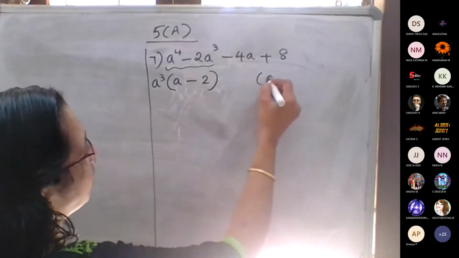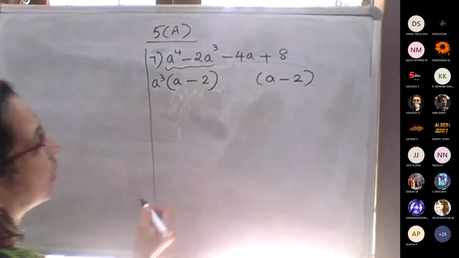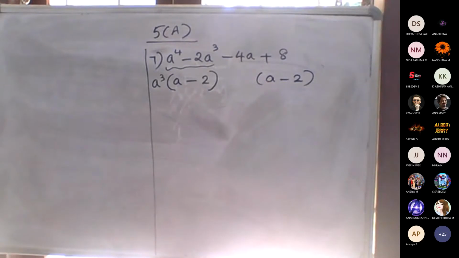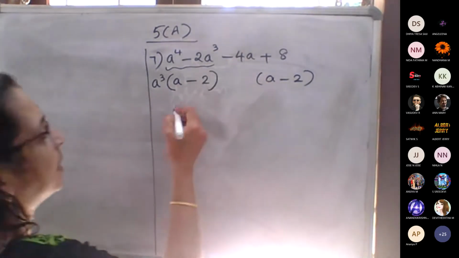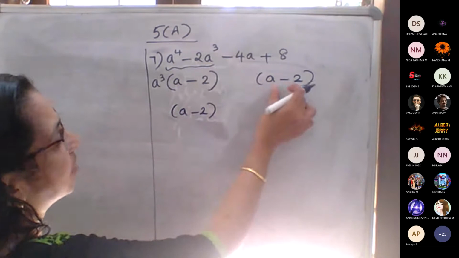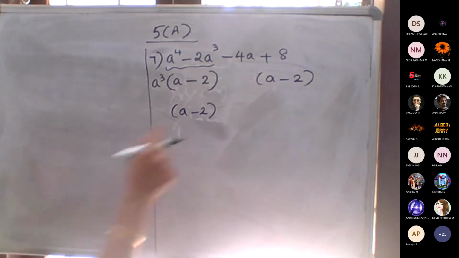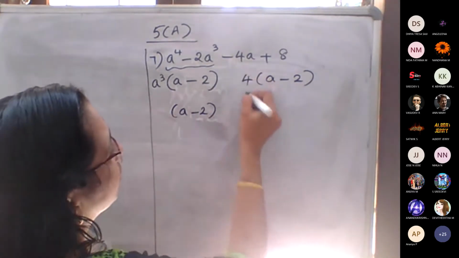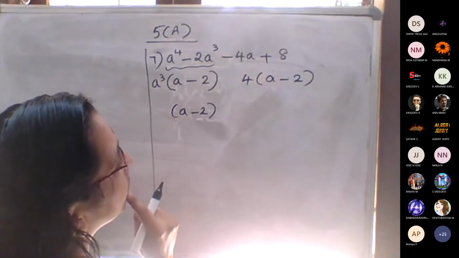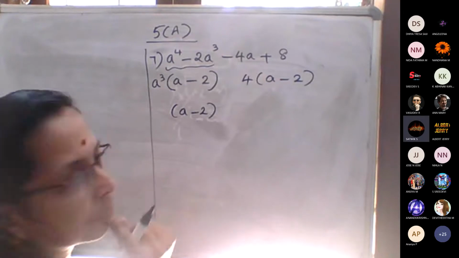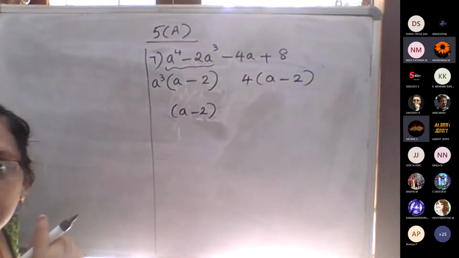So a minus 2. Then what do we have to write? Then only in the next step we can take a minus 2 common. That's why I am writing this a minus 2. Or if you can take directly that 4, no problem. Is it negative 4 or positive 4?